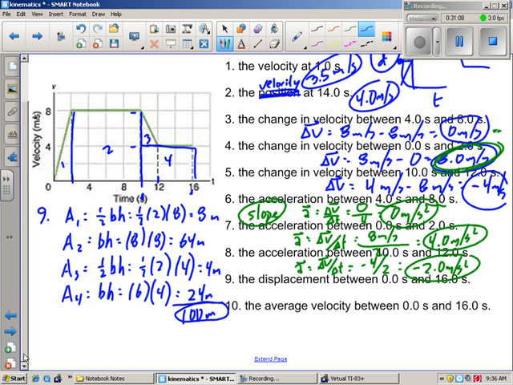Up and over, subtract them. But what a lot of people will do starting now, when you get a position time graph to find displacement, is try to find the area. That's wrong. That's correct for a velocity time graph, but it's wrong for a position time graph. Does that make sense? None of this stuff is incredibly difficult, but once we start seeing both graphs, position time and velocity time, people start getting confused a little bit.